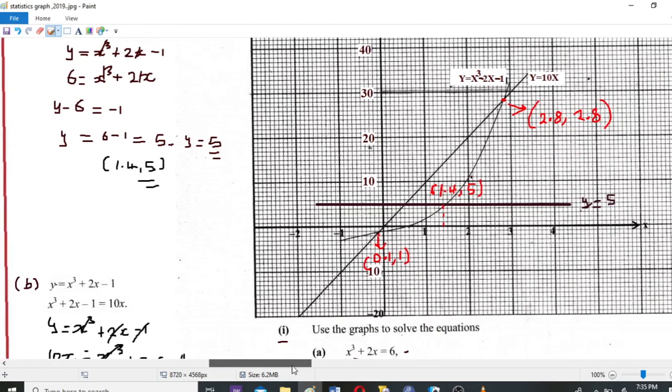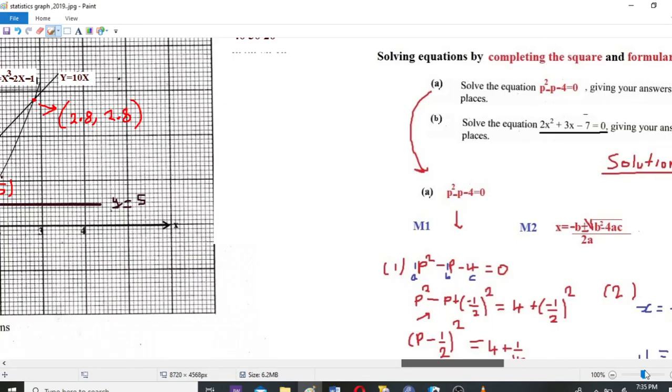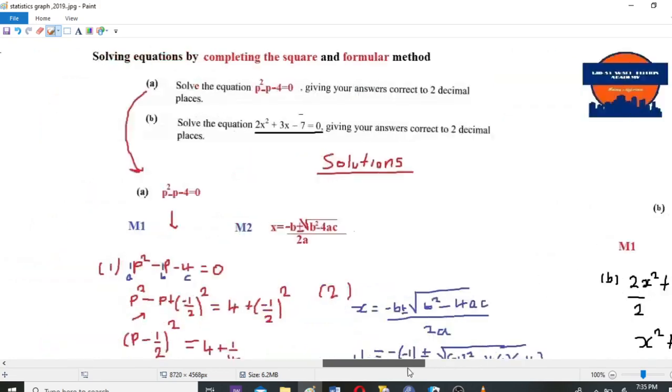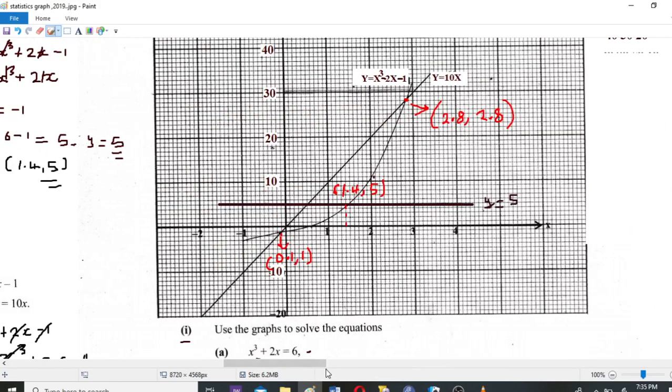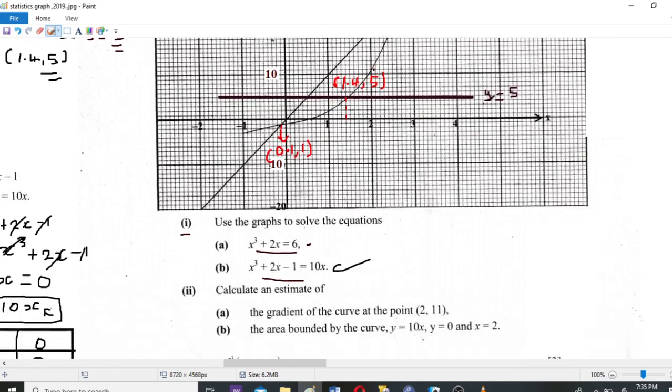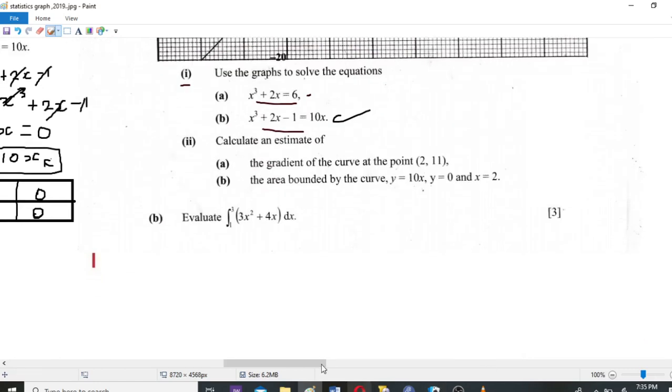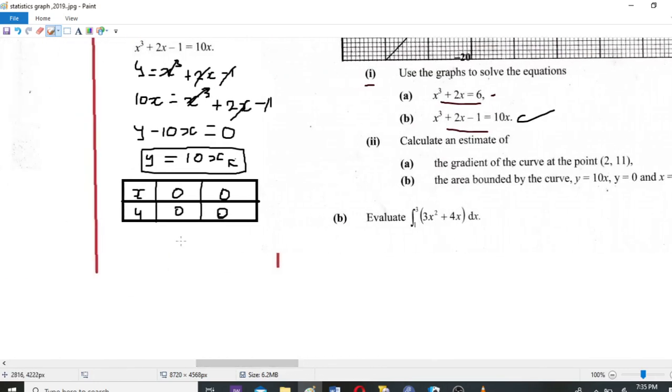So what we have to do now is to write them down here. So that's 0 comma negative 1. For this one we can write them down. That's 0 comma 0.1 comma 1. Okay, so the values here we have the solutions.